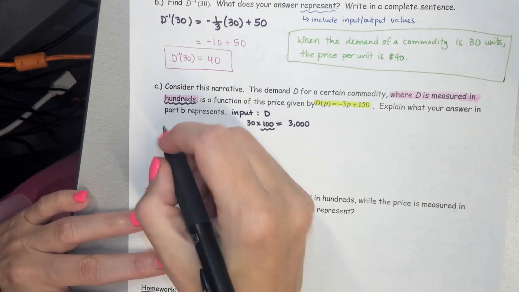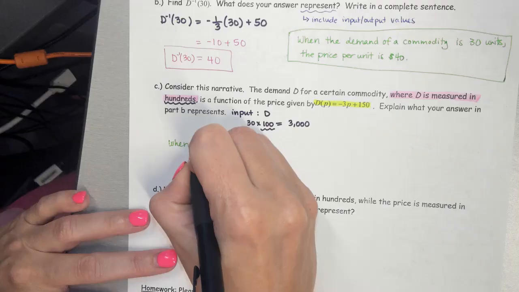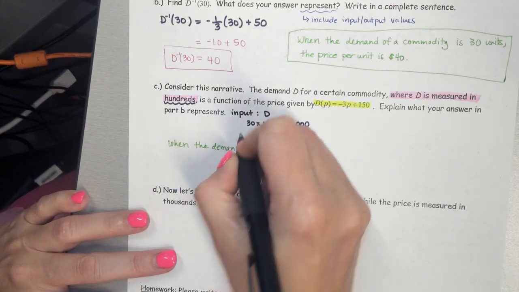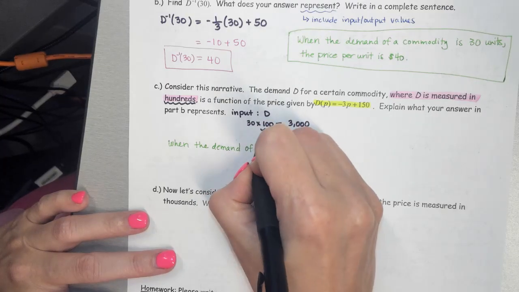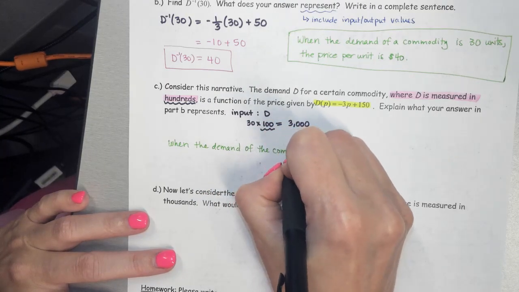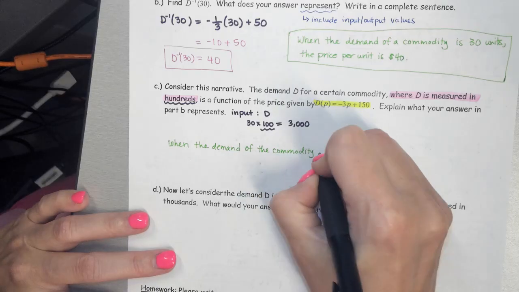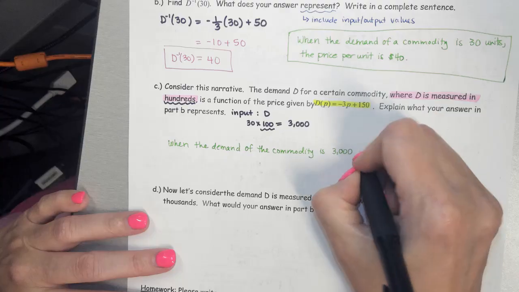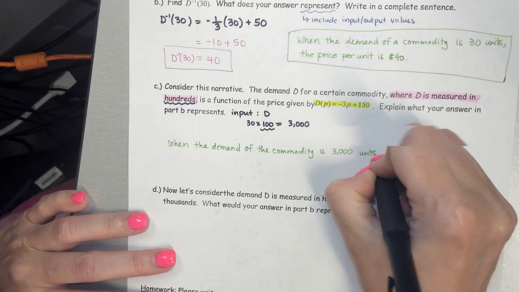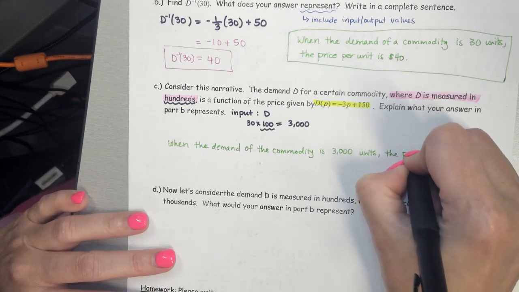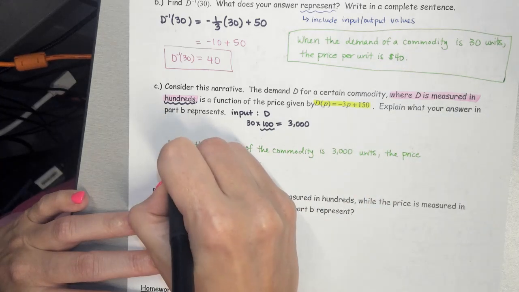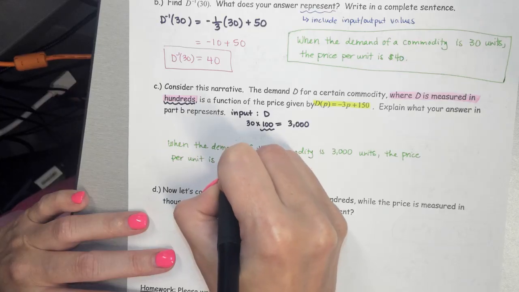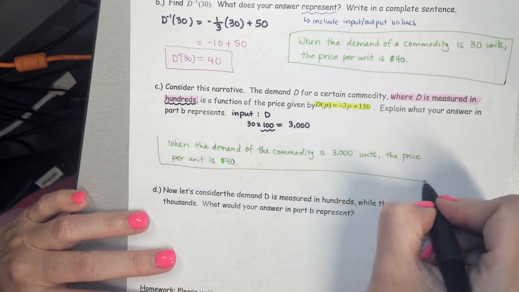And we would just say, when the demand of the commodity is 3,000 units, the price per unit is still $40.